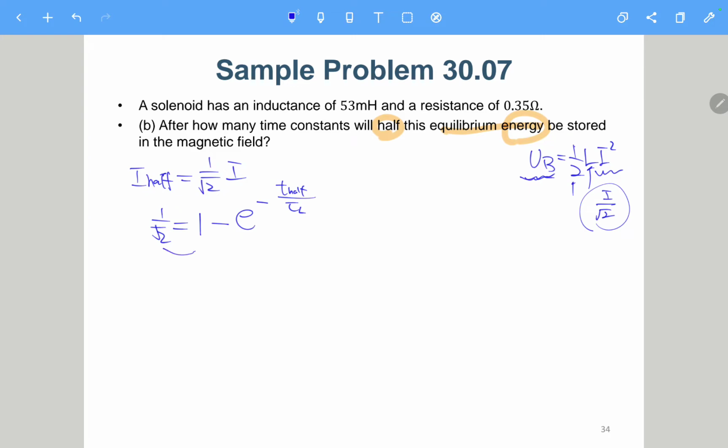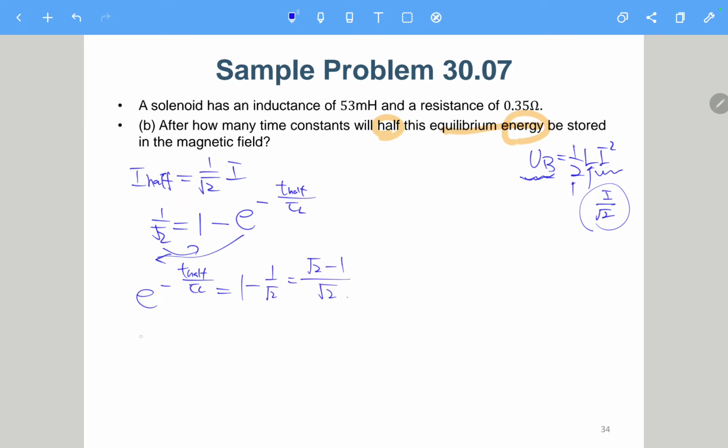So similarly, we can just move this over. So we have exponential of negative T half over tau L equals 1 minus 1 over square root of 2, which is square root of 2 minus 1 all over square root of 2.